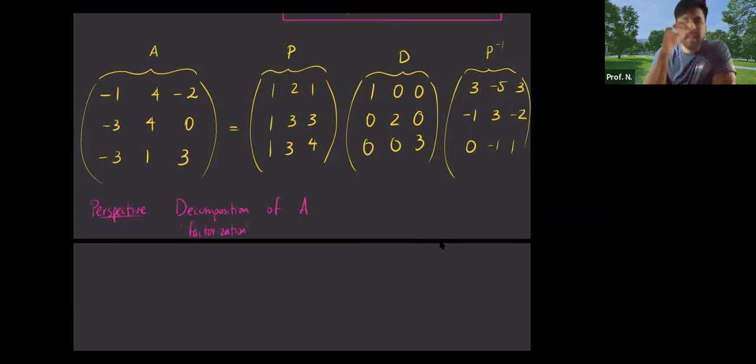So I broke up A as a product of 3 matrices, where one of them is diagonal, and the other 2 are invertible matrices, and they're inverses of one another. That's that perspective.